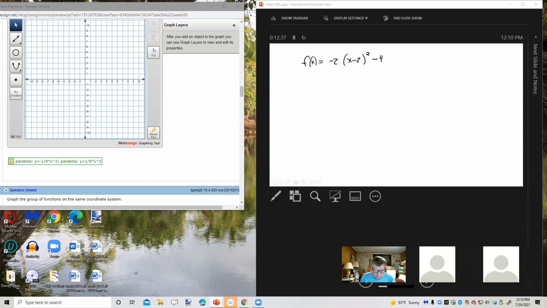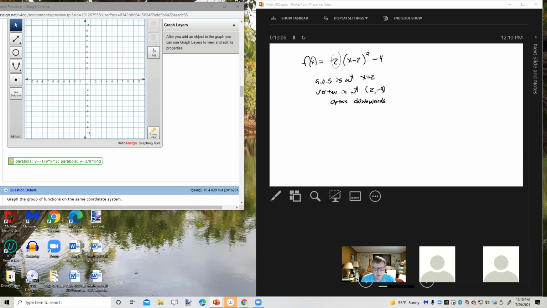Okay? The axis of symmetry is at x equals 2. The vertex is at 2, -4, and this thing opens downwards. Okay? Because a is negative, so it opens downward. The axis of symmetry is at x equals 2. The vertex is at 2, -4.